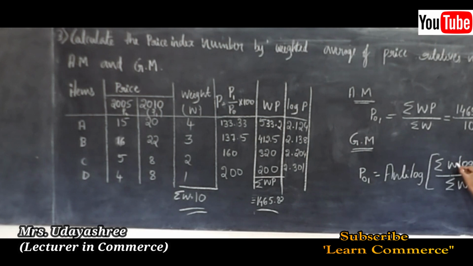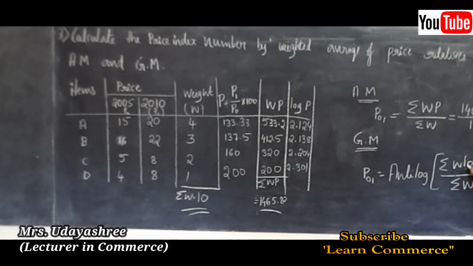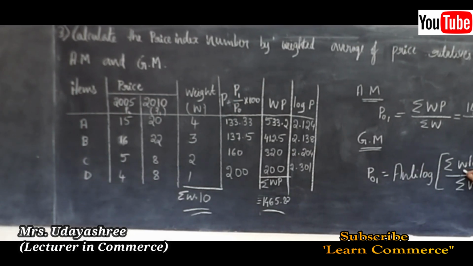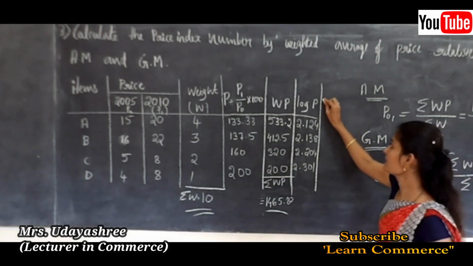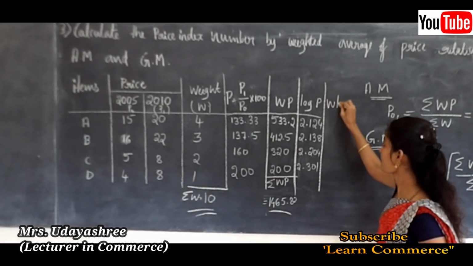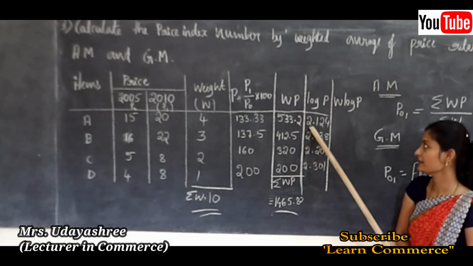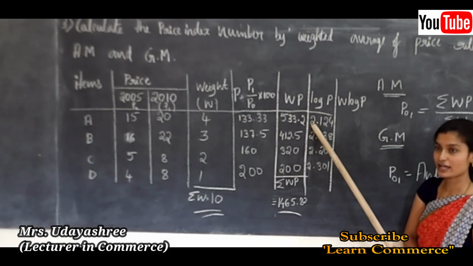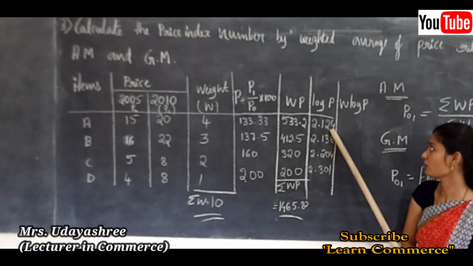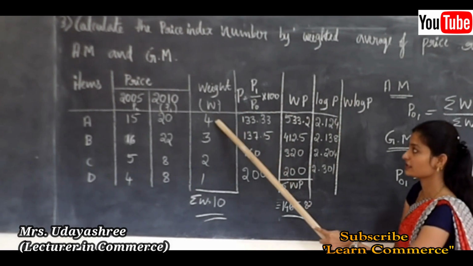Okay, next we completed log P. Next what to do? Multiply with W. This log P is multiplied with W. So the next column is W into log P. See, here log P is there. The first value is 2.124. And what is W? That is 4.